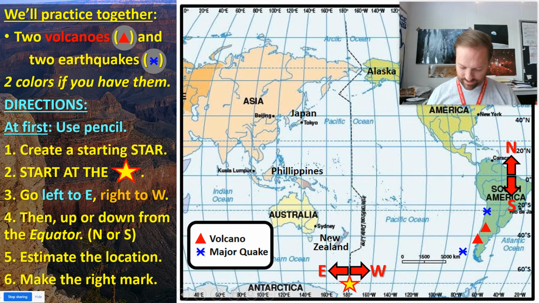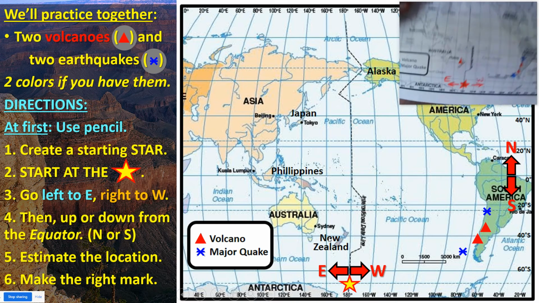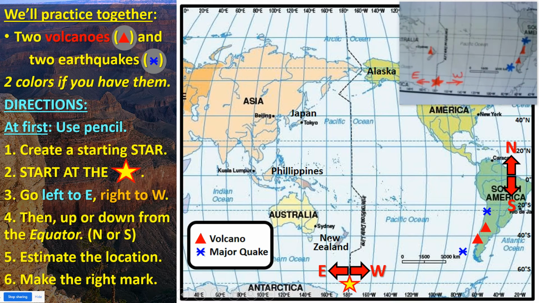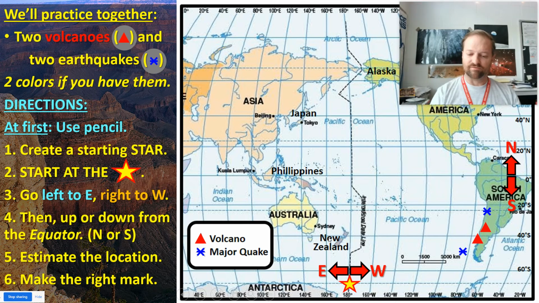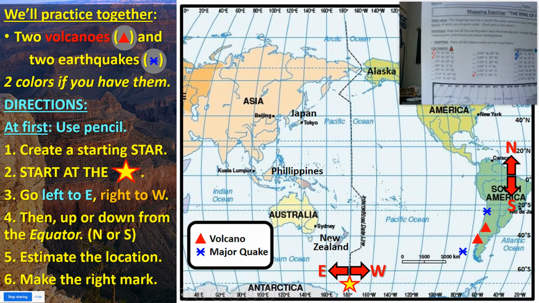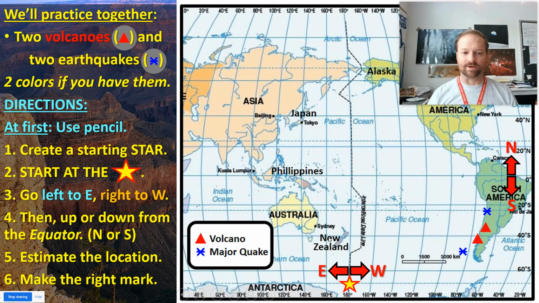So I'm going to make my mark there, right at that location. Okay. There it is right there. And now I've put a volcano in New Zealand. I'm going to put a check mark as my last volcano, and I'm going to start filling in the rest.